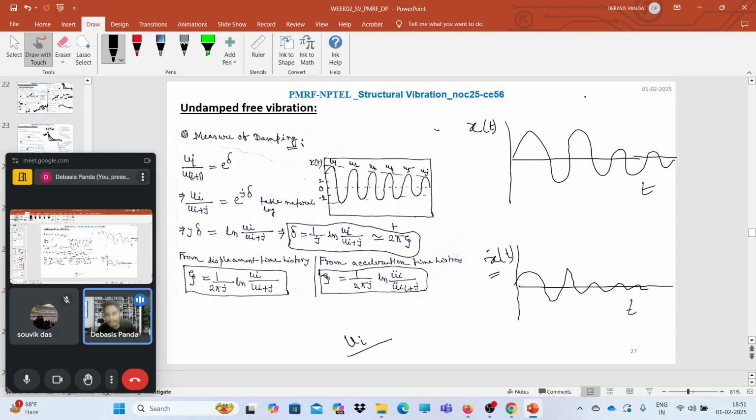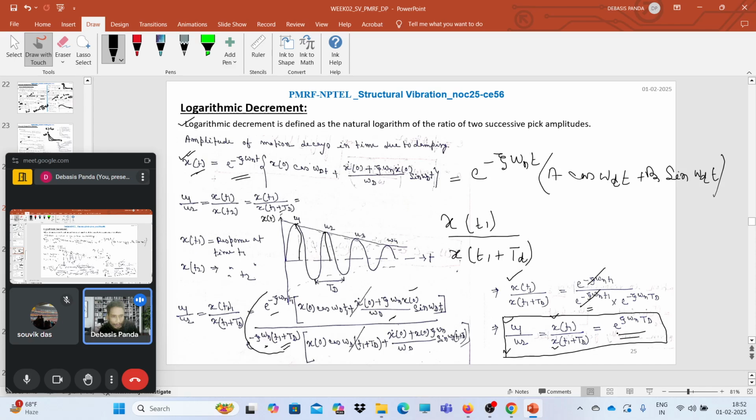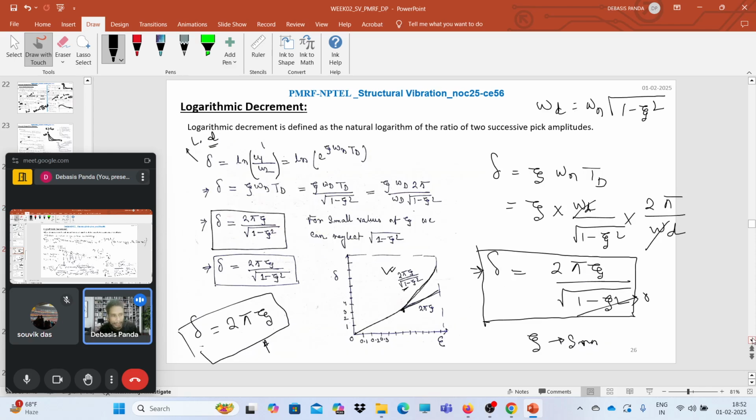If I have j number of cycles in this time series, then ui and ui plus 1, that means two successive peak amplitudes, have a ratio e to the power delta, because we have just solved it. For two successive peak amplitudes, u1 by u2 is nothing but e to the power xi omega n td.